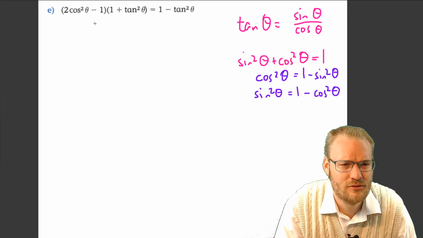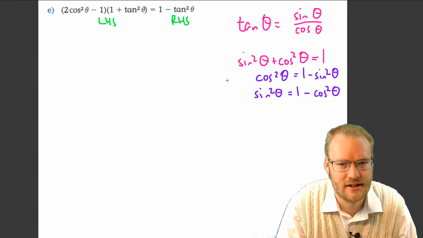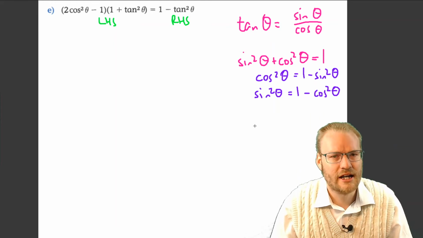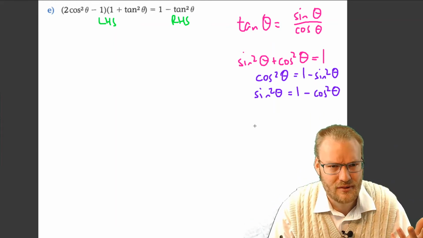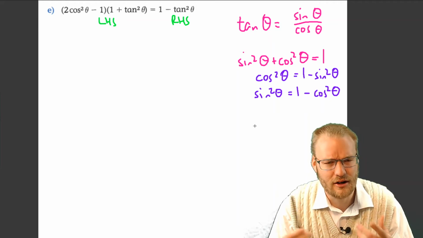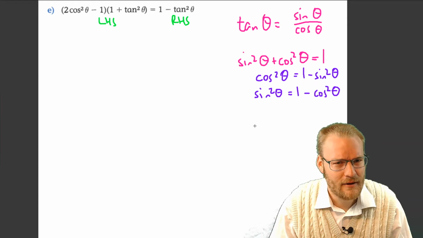Now this one, we've got our left-hand side we need to show is equal to our right-hand side. Which side are we going to work with? Maybe you're going, oh, I'll choose definitely the left-hand side. Let's go why.